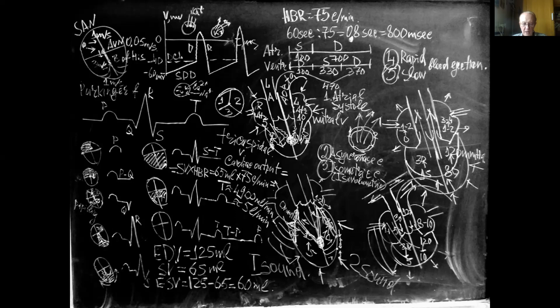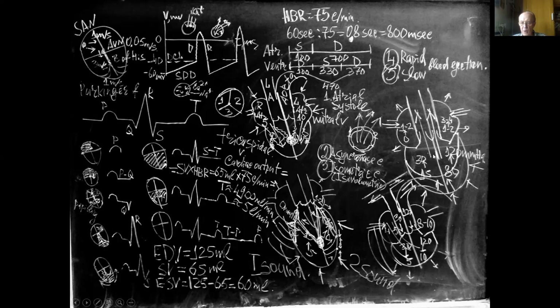The first tuk is known as the first sound. At this moment the atrioventricular valves, the tricuspid valve and mitral valve, are closed, and they vibrate and produce the sound.